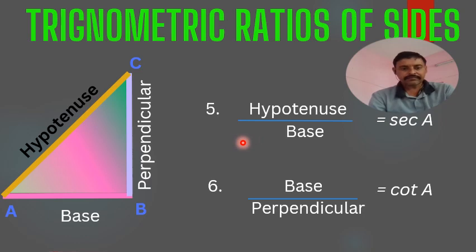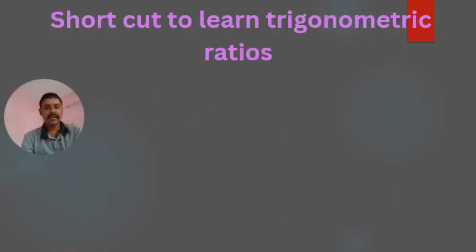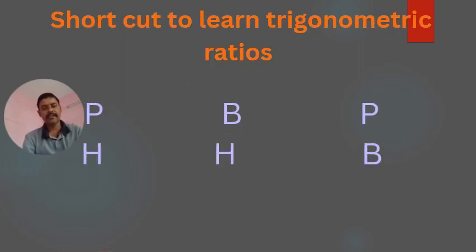There is a shortcut trick to learn these trigonometric ratios. First, you have to write this: P B P H H B. So what is it? It is Pandit Badri Prasad Har Har Bol.